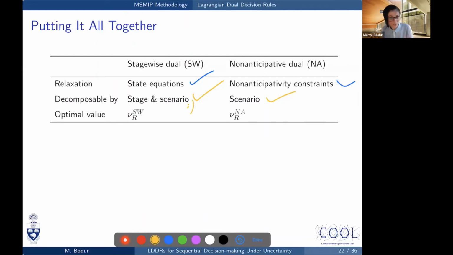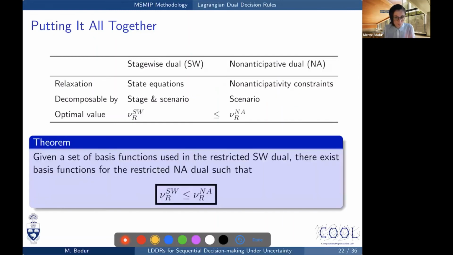So where is the catch? Of course, there's no free lunch. What we can prove actually is that, this is the advantage of the Stagewise dual, the potentially faster solvability, but in terms of the lower bounds that you will get, the non-anticipative dual is actually stronger. So the theorem says something a little more detailed.